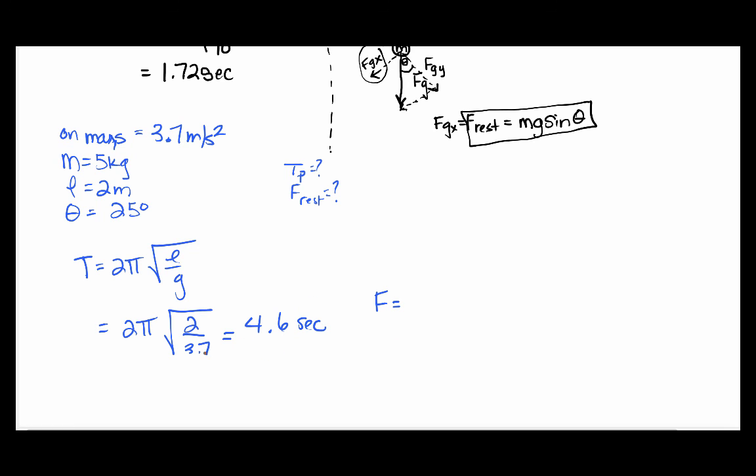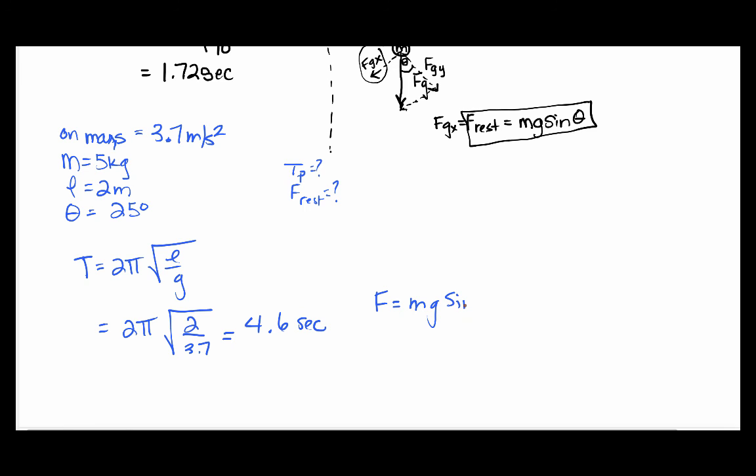Now, if you think about that, if this were on Earth, is that going to make the period longer or shorter? Well, if this were 10 or 9.8, then this would all be a smaller number. It would be going faster. It would be coming down quicker if you had more gravity.